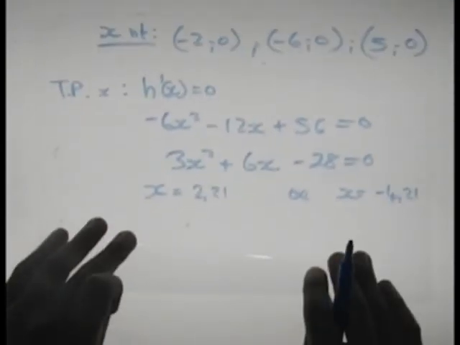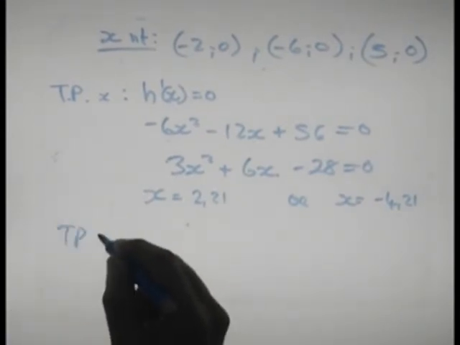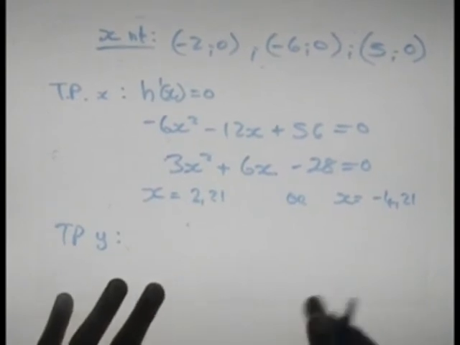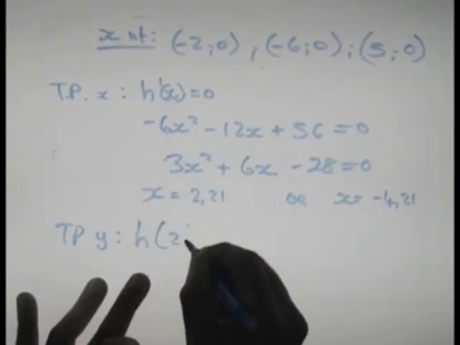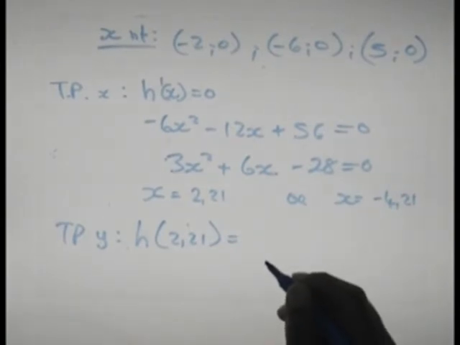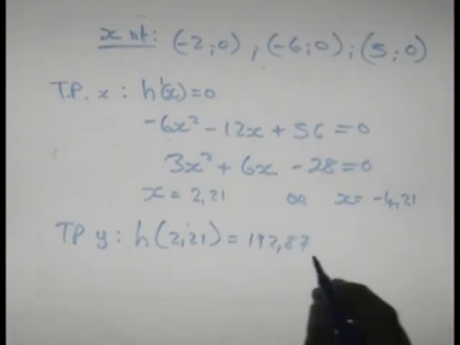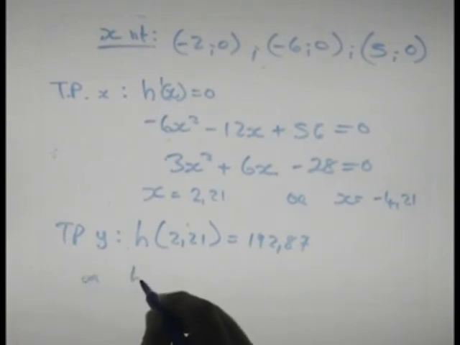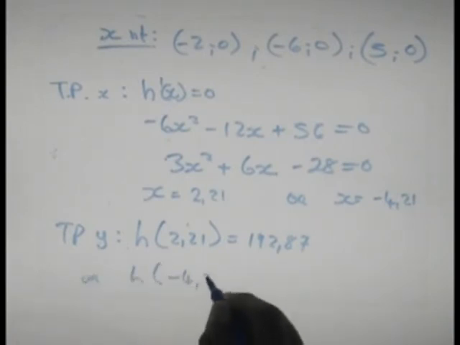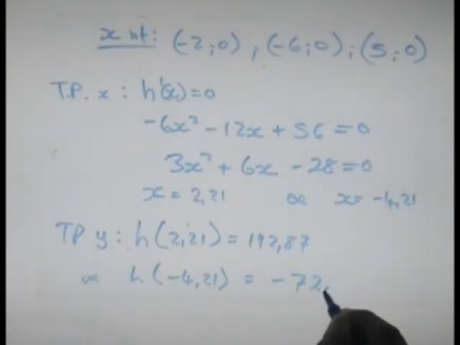I now use that information to calculate my y values of the turning points. It will be given by h of 2.21, which will equal 192.87, or h of negative 4.21, which will equal negative 72.87.